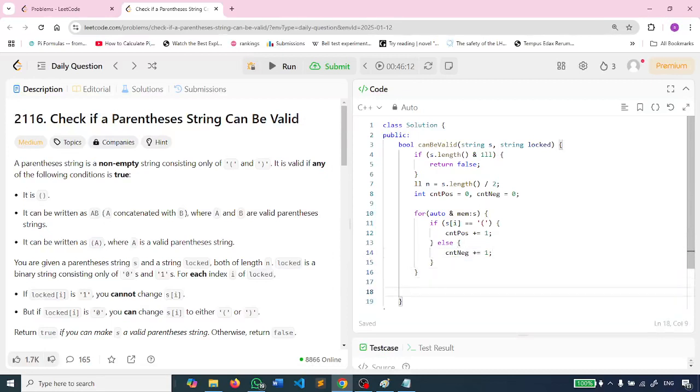Now we will just flip them, because this gives us the count of how many are already fixed. We need the count of how many we need out of the question marks.